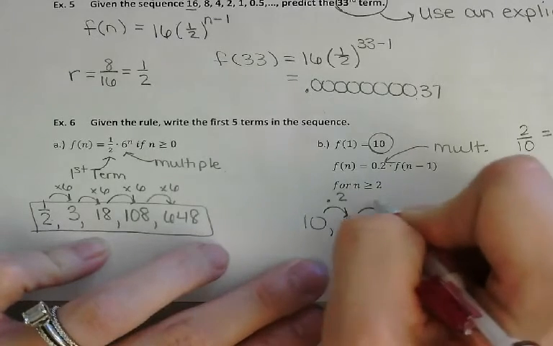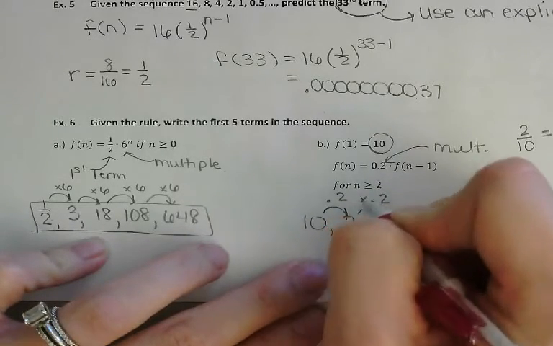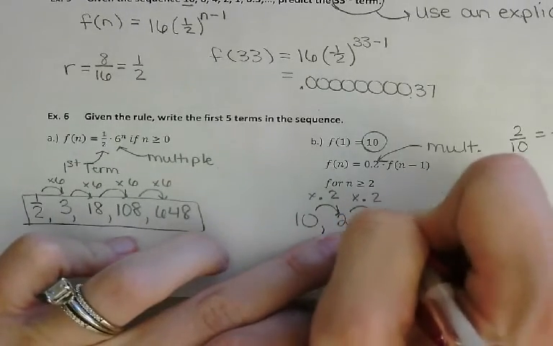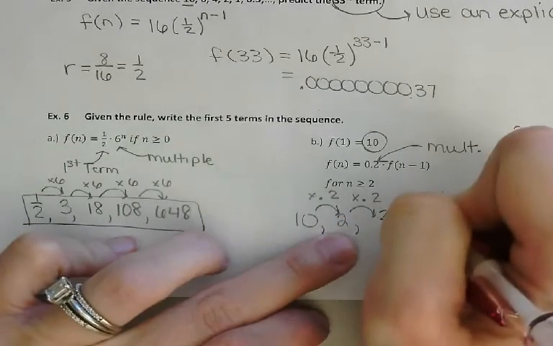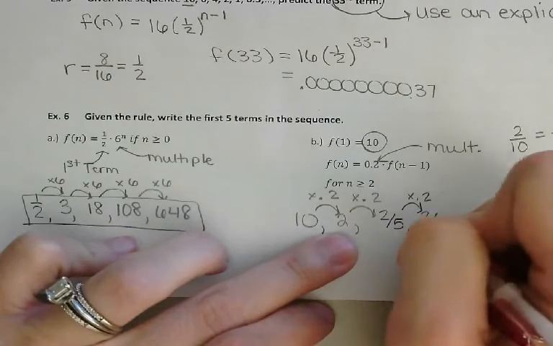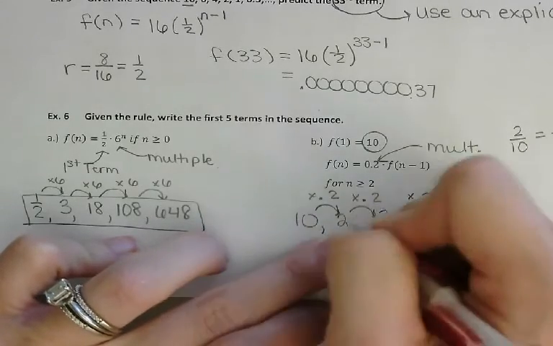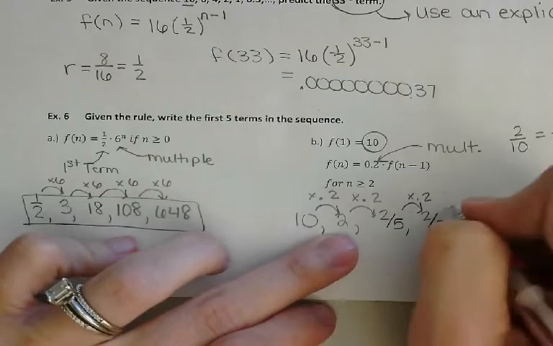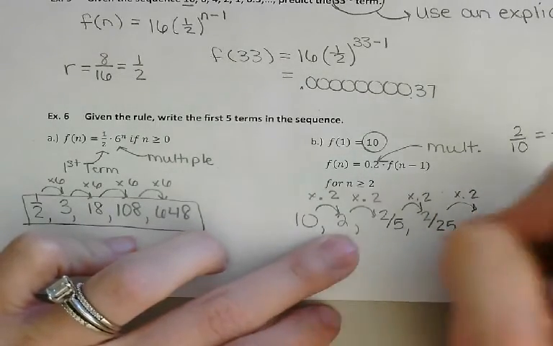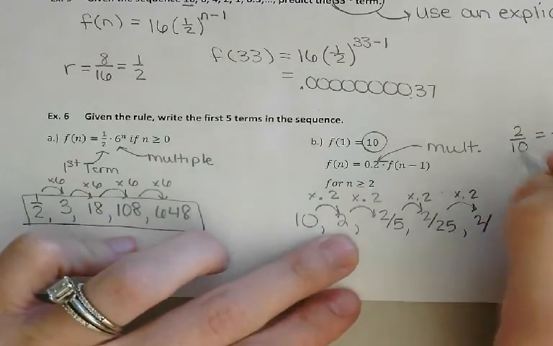I'm going to take this times 2/10. So that's going to give me 2/5. I'm going to take this times 2/10. So that's going to give me 2/25. 1, 2, 3, 4. So we need to go one more. We're going to take this times 2/10, and that's going to give me 2 over 125.